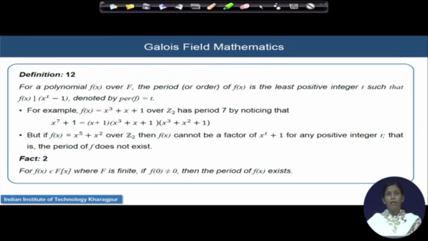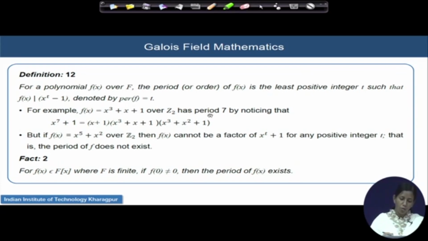So, now we are in a situation to define a polynomial f x over a field F and define its periodicity. Suppose we have a polynomial f x and we are interested in finding its period.